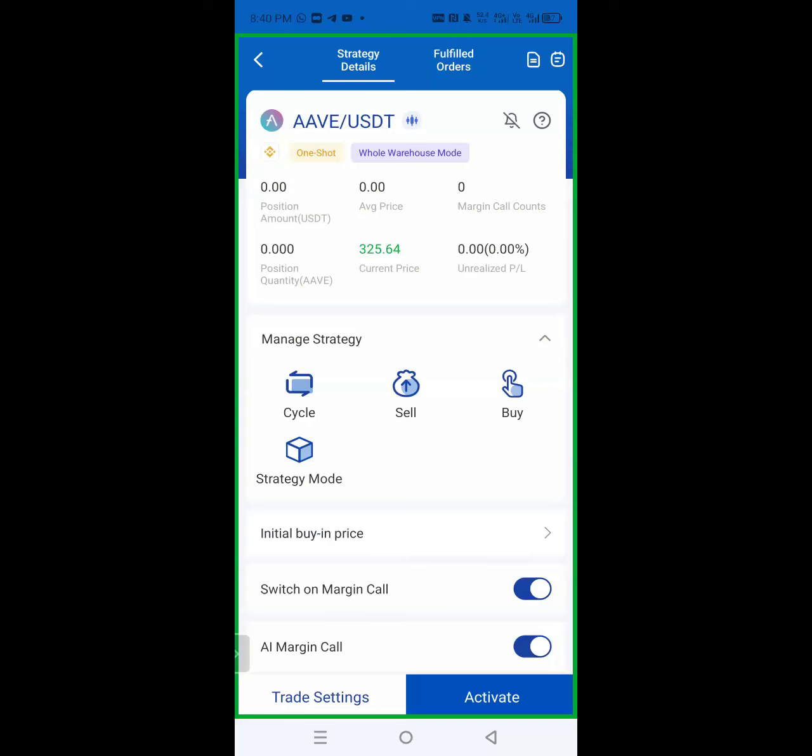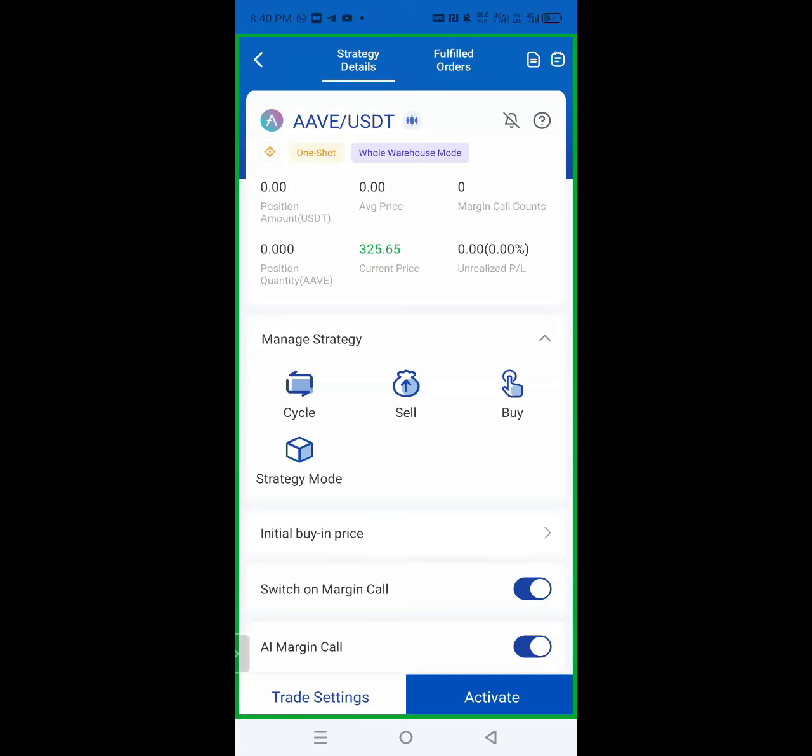Remember, on spot, the value of that coin can go down. So when it goes down, you have to buy. That is when the robot will need USDT to buy more quantity of that coin. As the value is reducing, the robot will need USDT to buy.